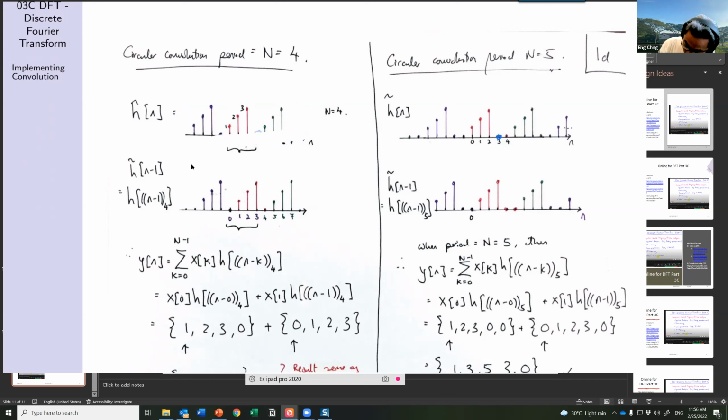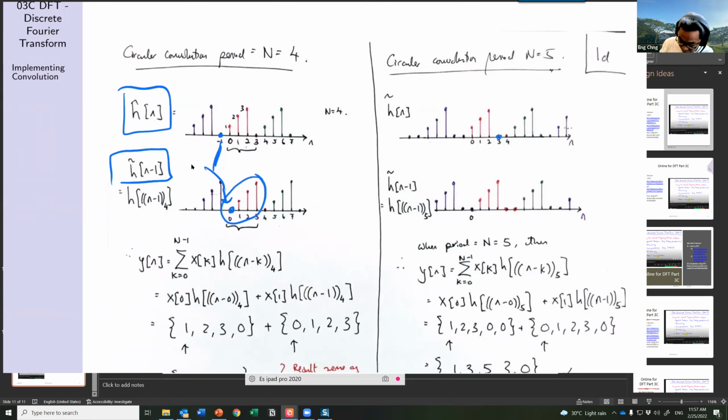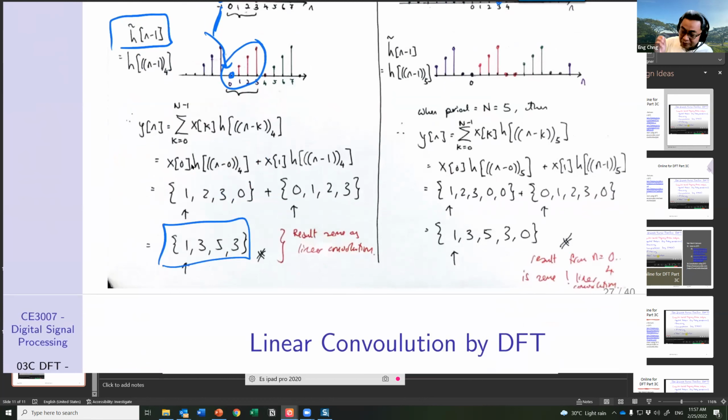Therefore, now the sequence looks like this in the DFT world. What about delay by 1 sample? Then this guy gets pushed in, right? Can you see? From here. So isn't this exactly what we want? The delayed version of h(n), 1, 2, 3, right? Therefore, when we do this, the answer is exactly what we want.